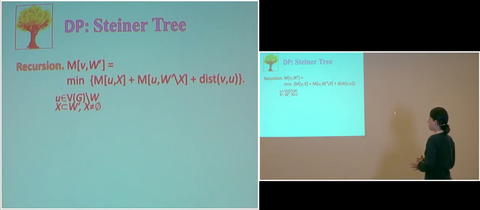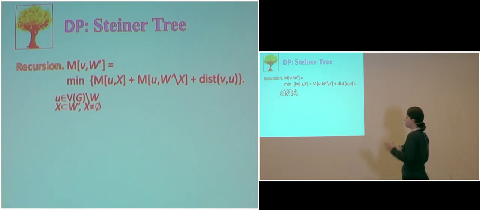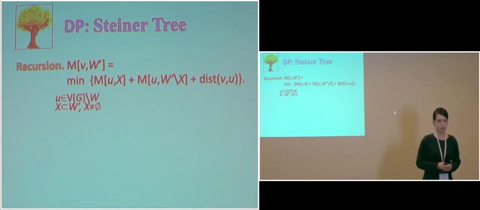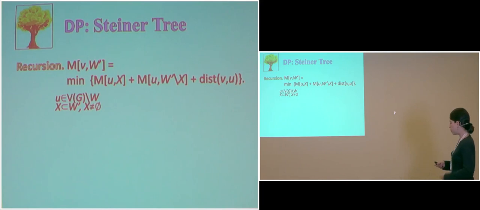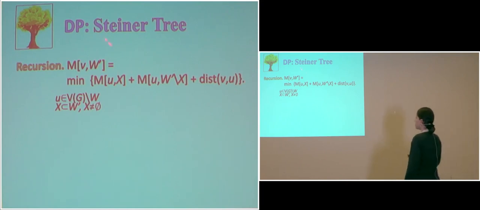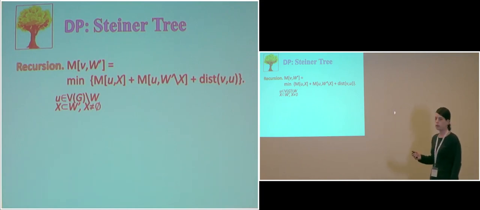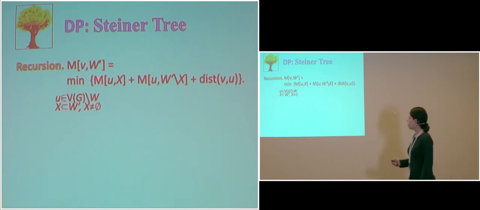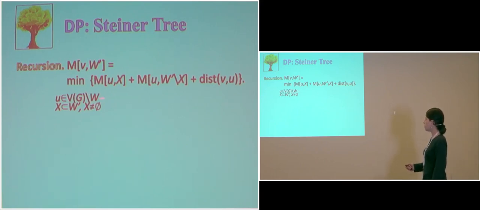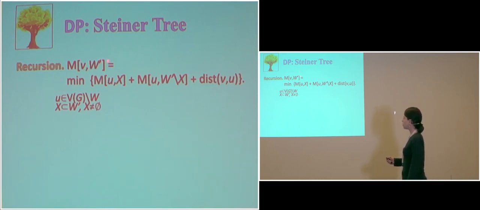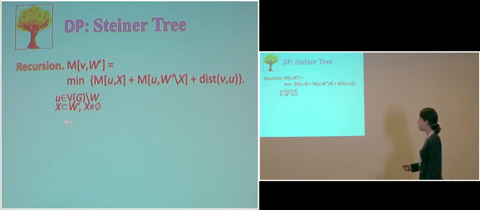Now let's look at the recursion. Right now, at first glance, it might not be clear, but we will see from the proof that this recursion makes a lot of sense. So how do we compute an entry M(V, W prime) where the size of W prime is at least 2? We are taking the minimum over every vertex U in the graph that is not a terminal, and we are looking at every subset X of our current terminal set W prime, which is not equal to W prime and is non-empty.